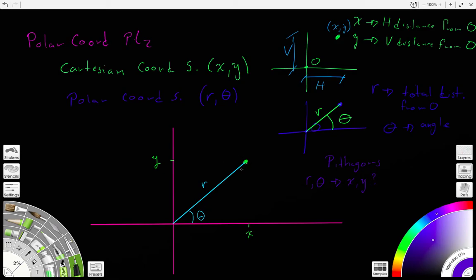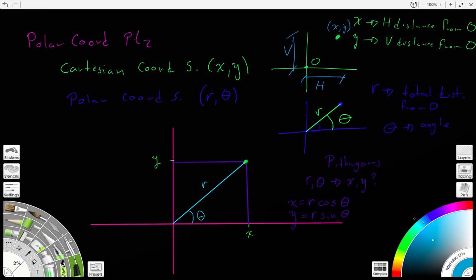What we do to get x, look at this. Okay? This should be evident how to get our x value and our y value. If it's not evident, I'll write it down here. X will be equal to my magnitude of r times the cosine of theta, and y will be r sine of theta. Okay?